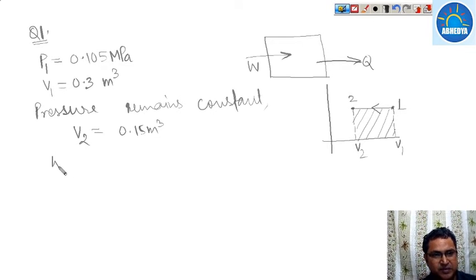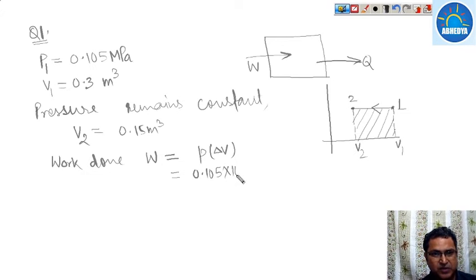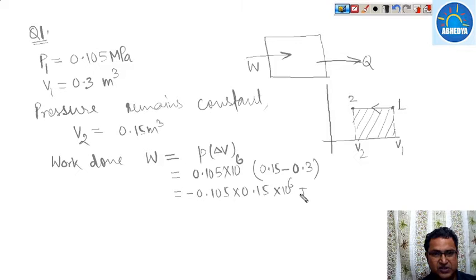So total work done, W, is equal to P delta V. What is P? 0.105 into 10 raised to the power 6, into delta V, which is V2 minus V1, so 0.15 minus 0.3.